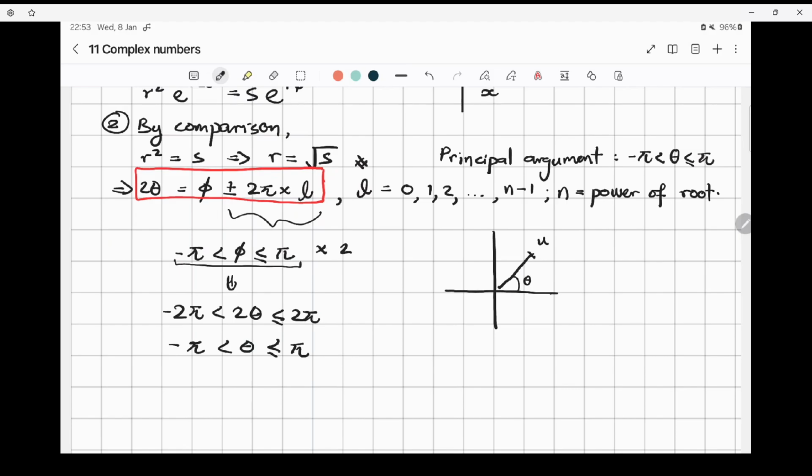So the multiplication by 2, or over here you plus or minus 2 pi times L, basically is for you to counter this particular effect.